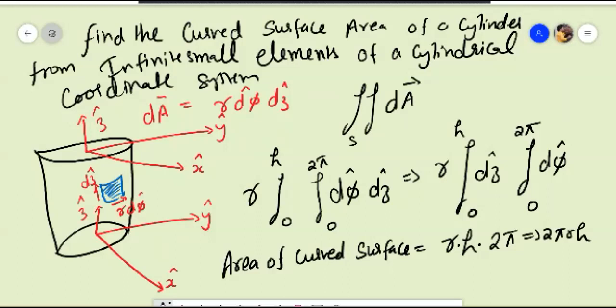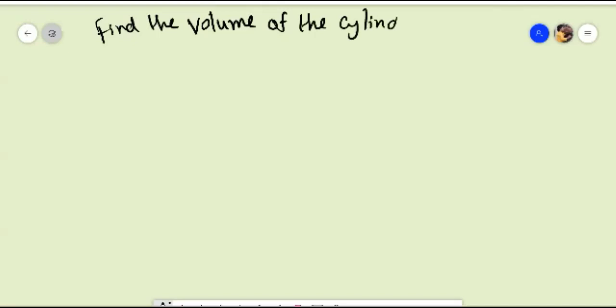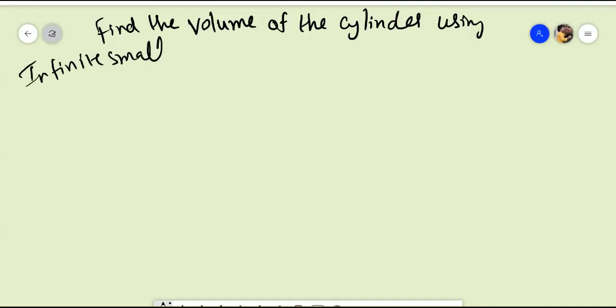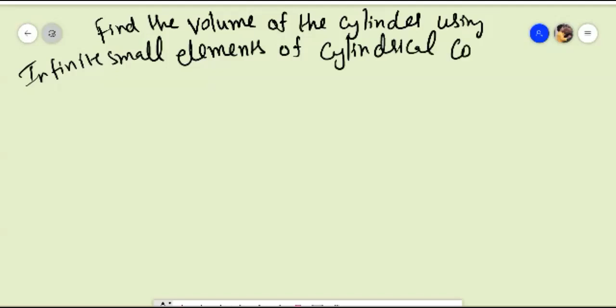You can just take a snapshot of this screen, and just keep this in mind, and let me move to the new page, and here we are going to find the volume of the cylinder using the infinitesimally small elements of the cylindrical coordinate system.